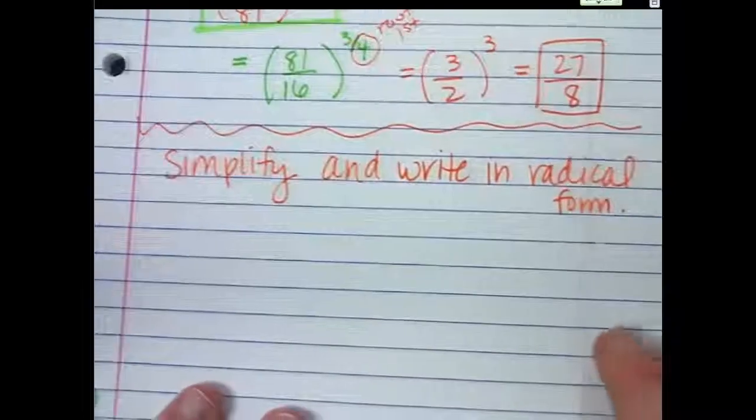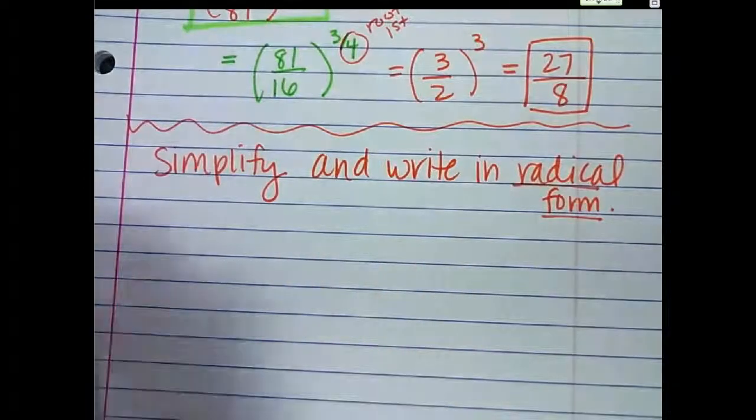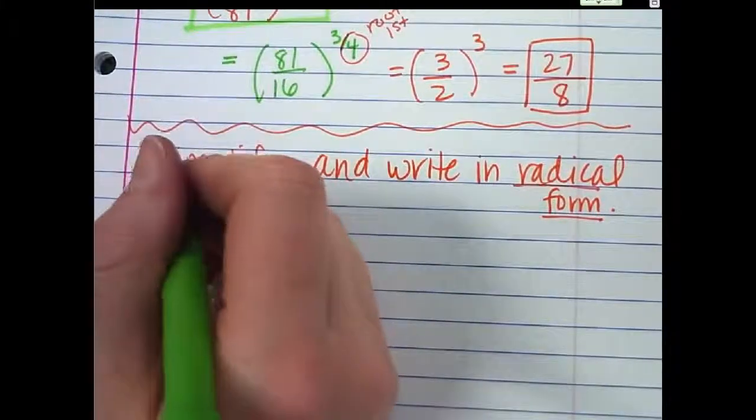Make sure that all of your answers are in radical form. Okay, go back to your exponent properties for a second. If I was multiplying these, what do I do with the exponents? You add them. Okay, so nothing changes here except that we're going to have fractions. That's all. Nothing crazy though.